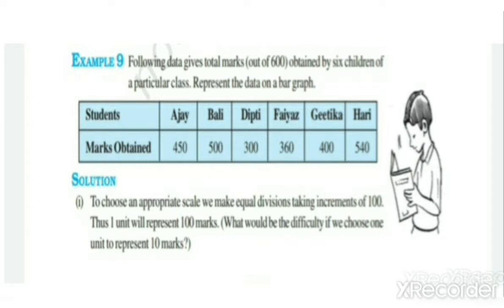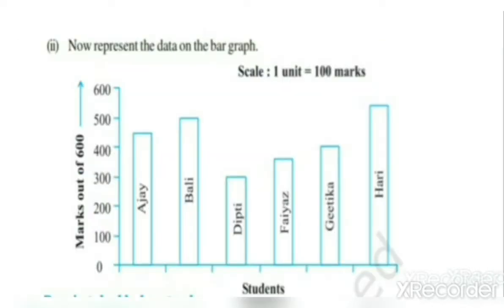The scale is 1 unit equals 100 marks. Here you can see marks of the students out of 600 and name of the students. What is the scale? 1 unit equals 100 marks.